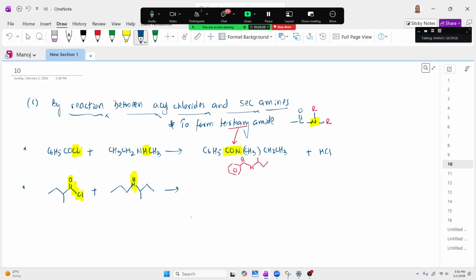And how do we do this one then? So you just copy out as it is. So that's the C double bond O, all done. And then what I do is I remove the H from there. So I need to put an N, and I know N has got how many bonds? See, this is already connected here, right? So I have an N. Okay, so N is supposed to have 3 bonds.